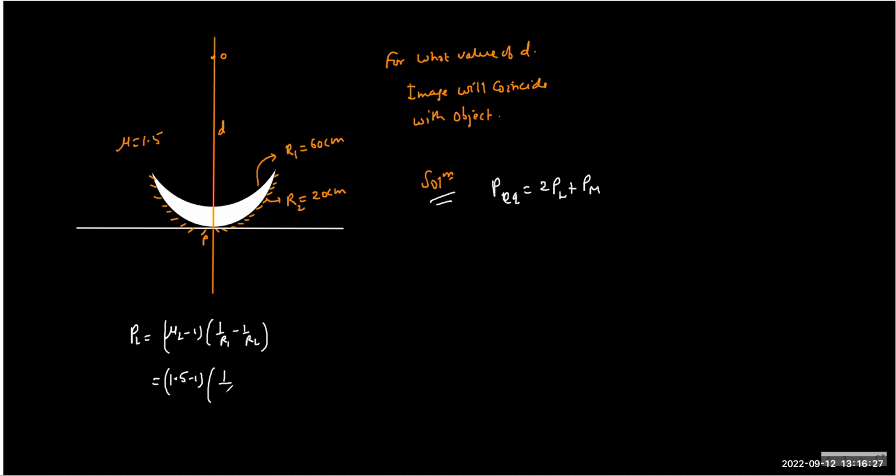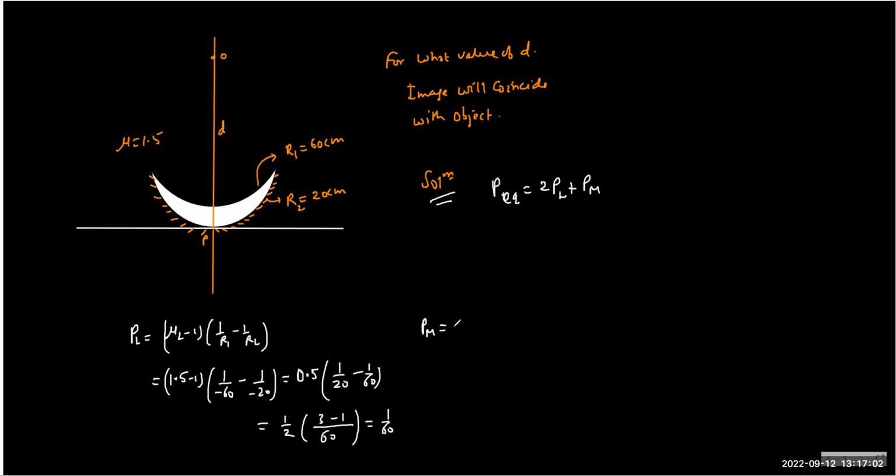If you take the light ray from the top, R1 is minus 60, R2 is minus 20. And you can clearly see that the answer is positive, right? Because it is a converging system, we were expecting the same. So this turns out to be 1 by 60.